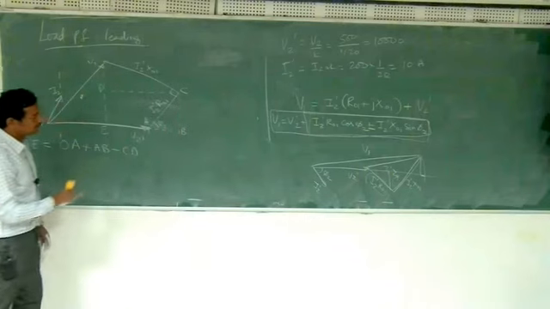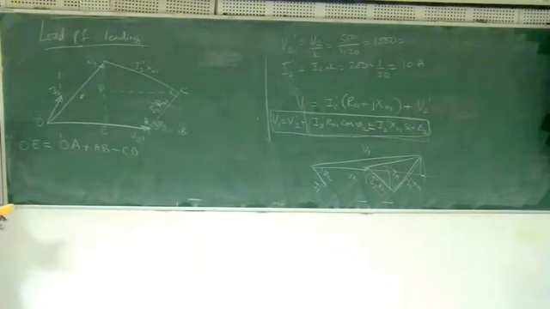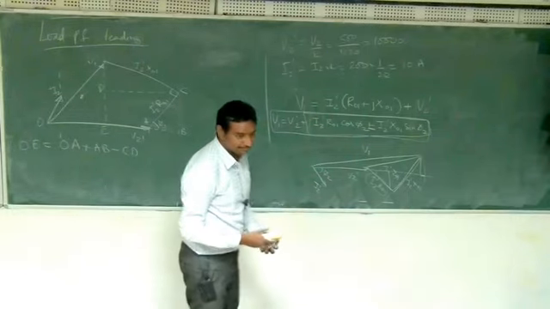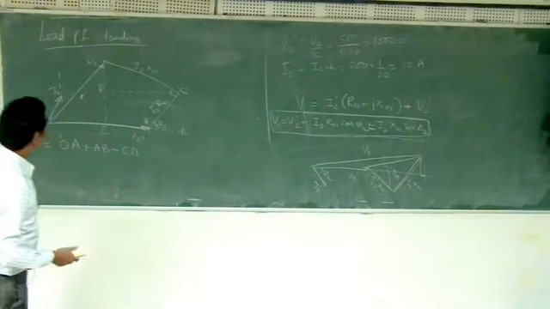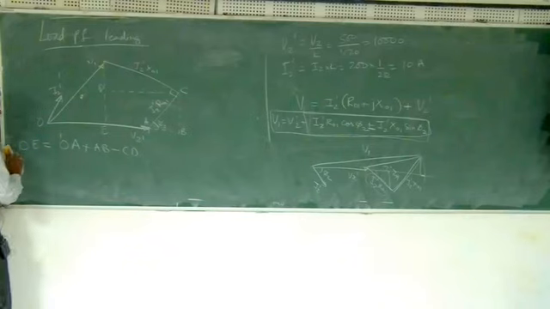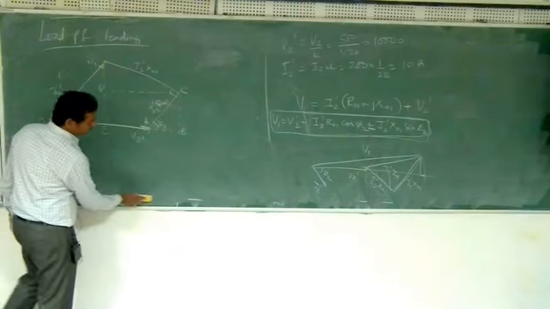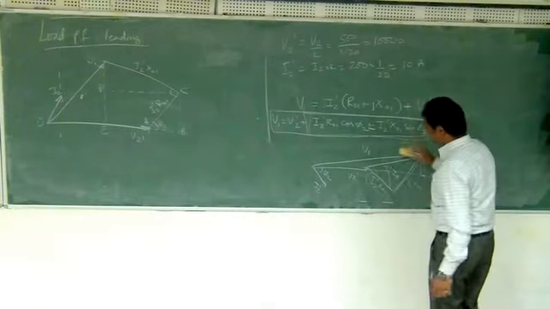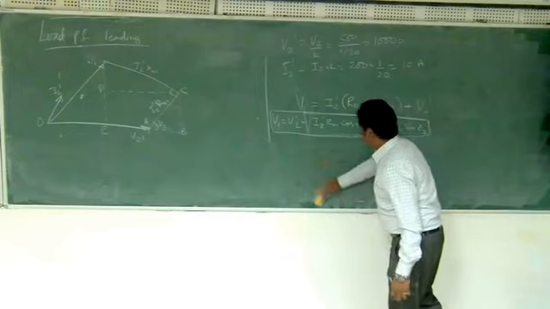I think there is nothing more to add in this. Just take care that you use minus sign if it is a leading power factor load. So, this is important.